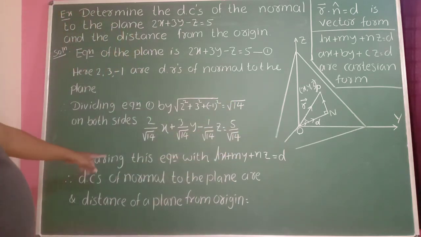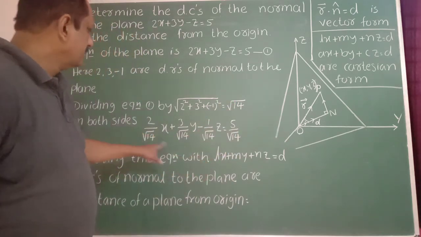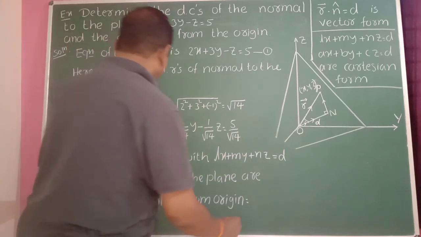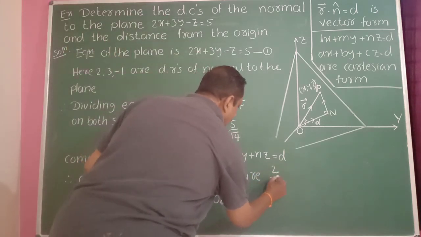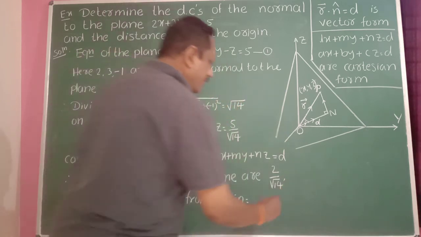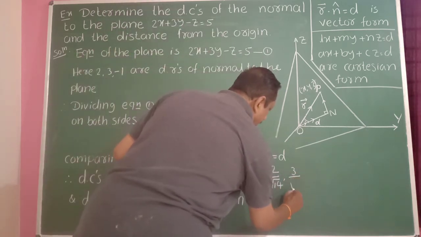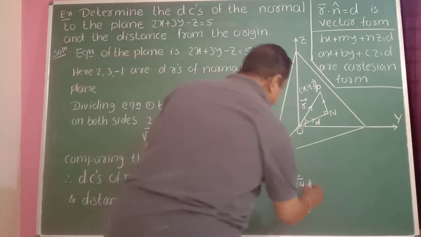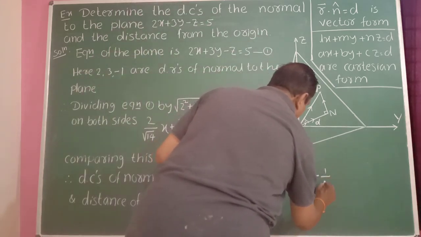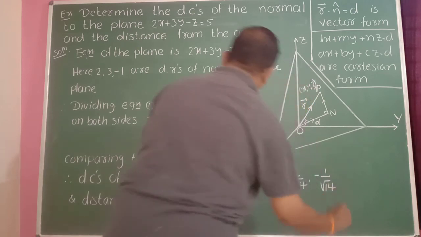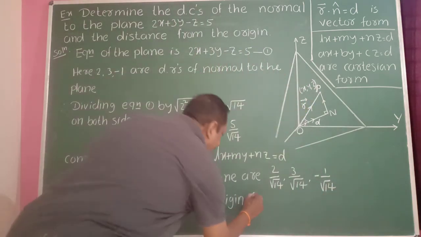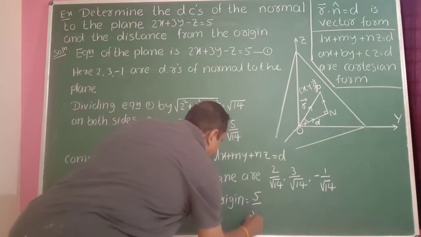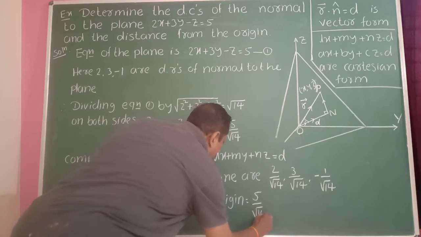Therefore, comparing this with the standard equation, the direction cosines are 2 by root 14, 3 by root 14 and minus 1 by root 14, and the distance is 5 by root 14.